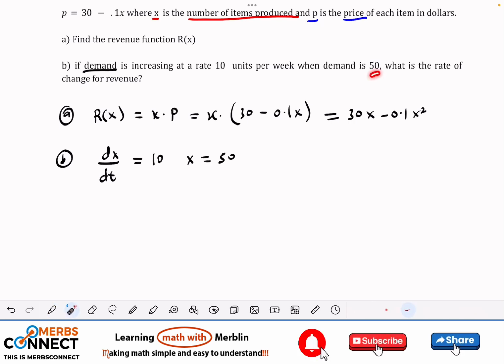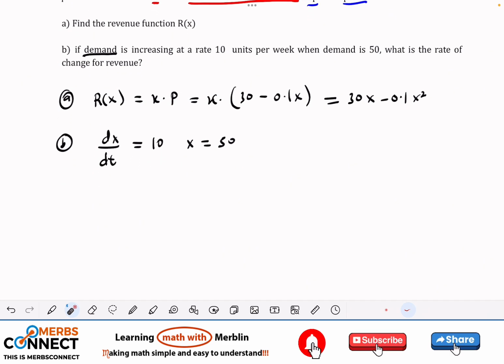So the demand here is 50, and then we have the rate of change too. So what we need to do is find the change in revenue.